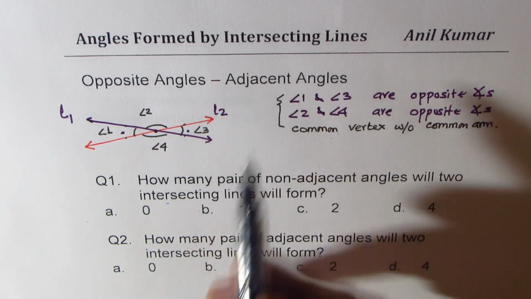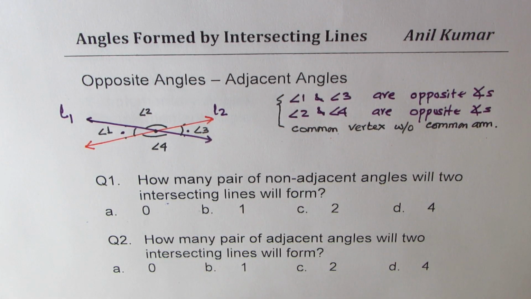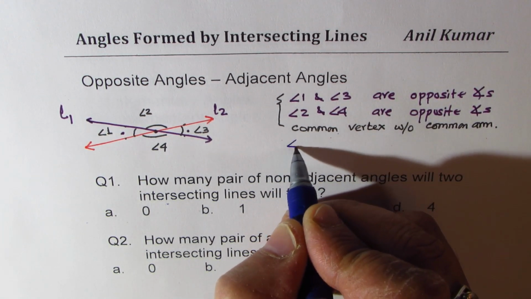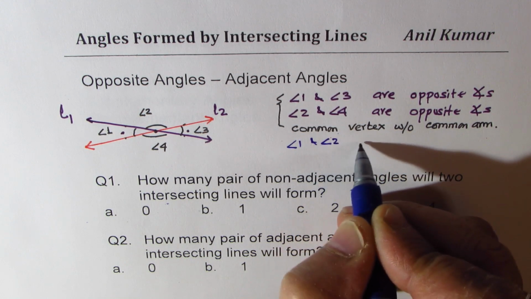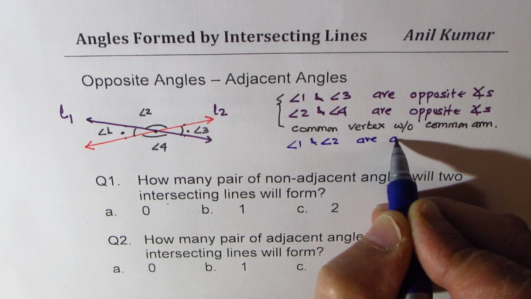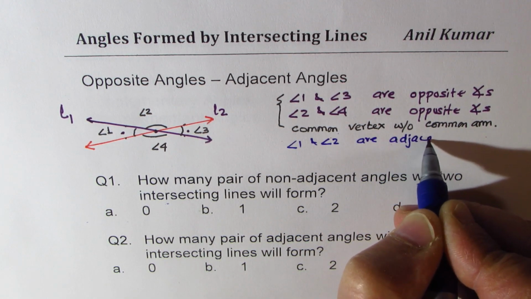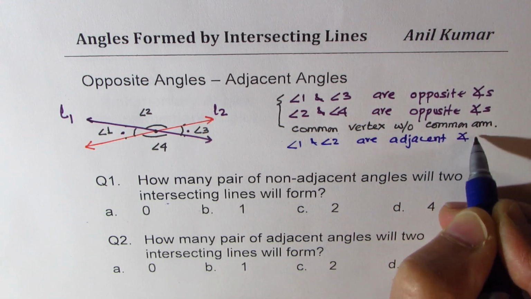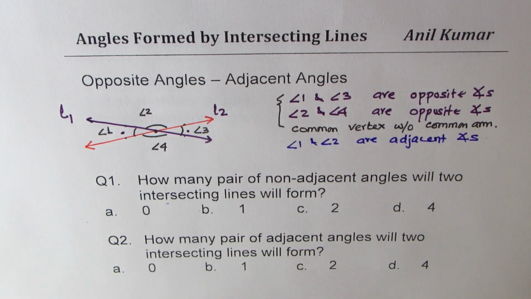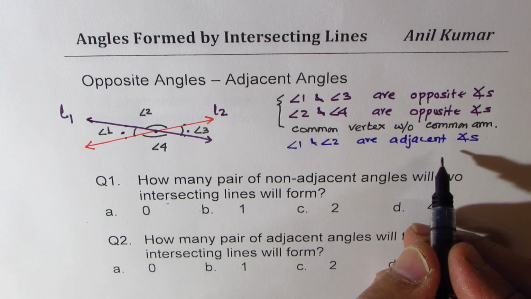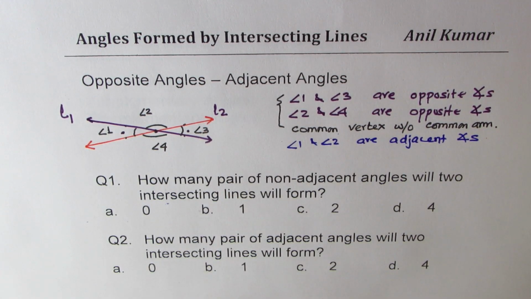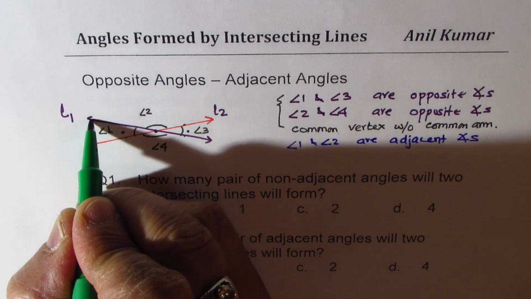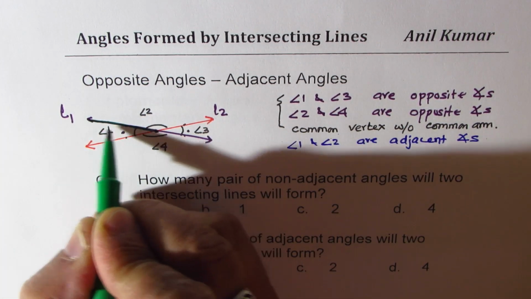Now what are the adjacent angles? Well, angle 1 and angle 2 are adjacent angles. So in adjacent angles, what do you notice? Angle 1 and angle 2, let's look at it. We have one arm which is common.